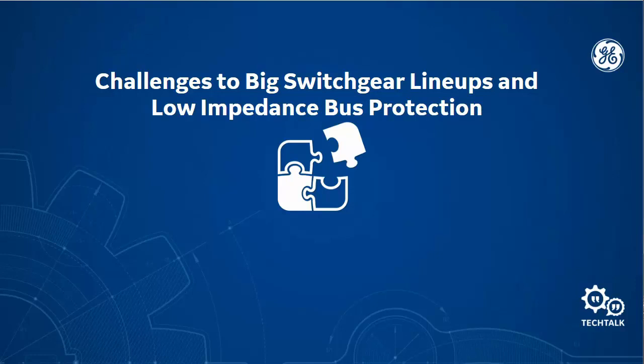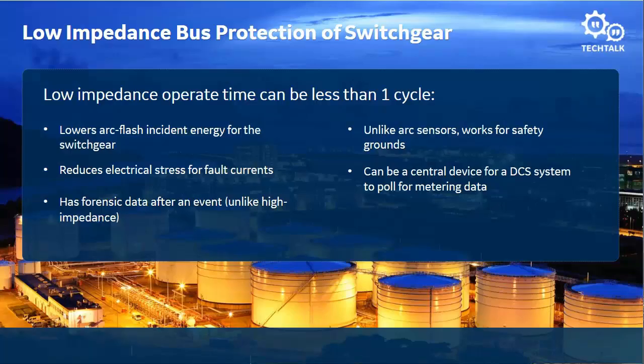But if we talk about low impedance bus protection of switchgear, fundamentally, the nice thing and the reason we use it is that we can achieve operation of the protective device in less than a cycle, about a cycle.